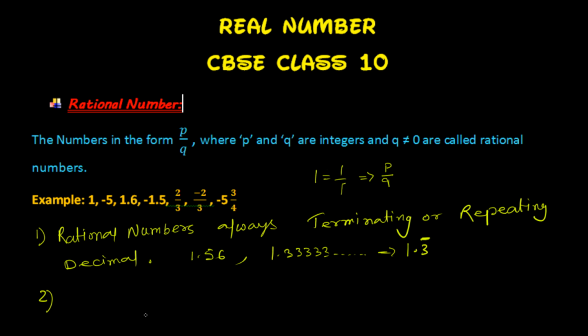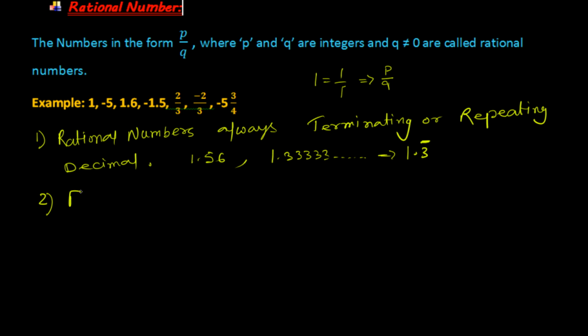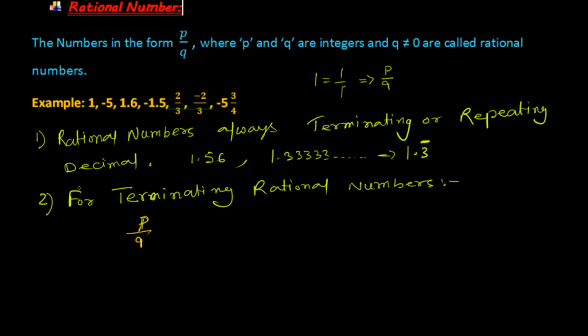The second observation says that for terminating rational numbers, if the terminating rational number is in the form p by q, then q must be in the form 2 to the power m into 5 to the power n, where m and n are integers.